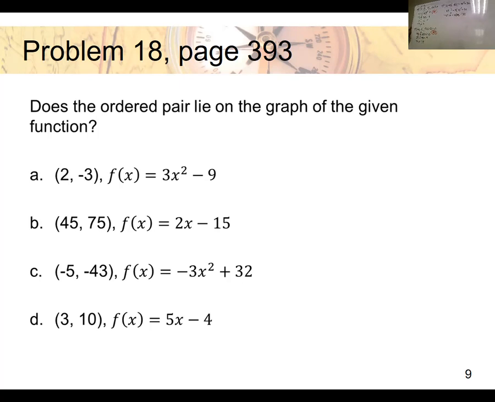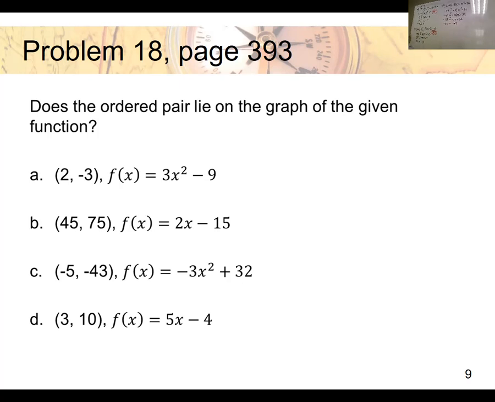And then next would be -3 times 25. That's going to be -75. And then -75 plus 32 would be -43, which is exactly the same thing on the left side.